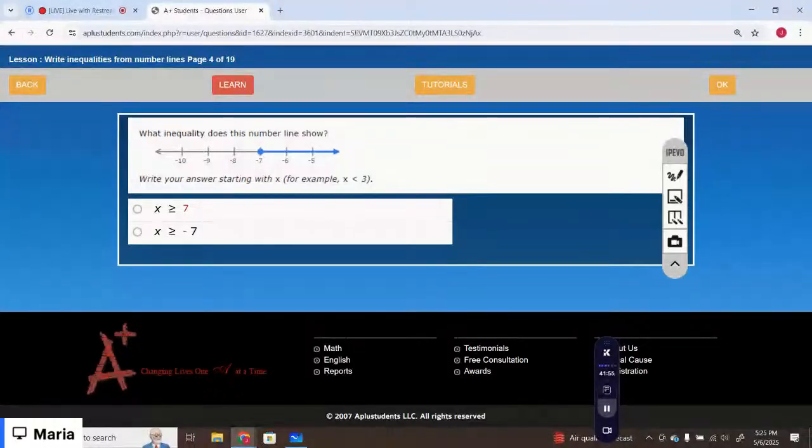What inequality does the number line show? So we have a closed circle at -7 and the graph is pointing to the right. So that means x is greater than or equal to -7. Option number 2 is the correct option.